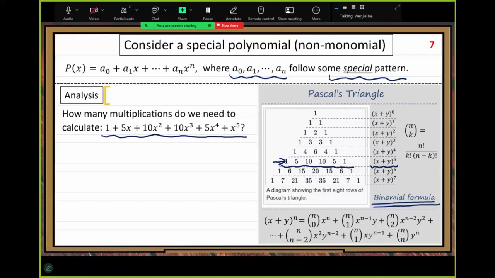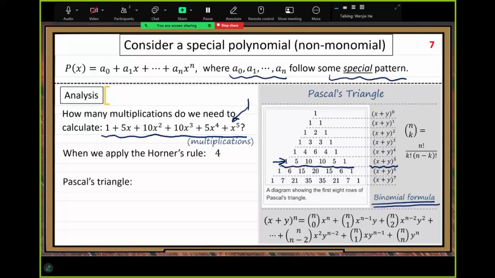If you apply Horner's rule, you need 4 multiplications, not 5, because the leading coefficient is 1. The last multiplication you can save. So with Horner's rule, you need 4 multiplications.